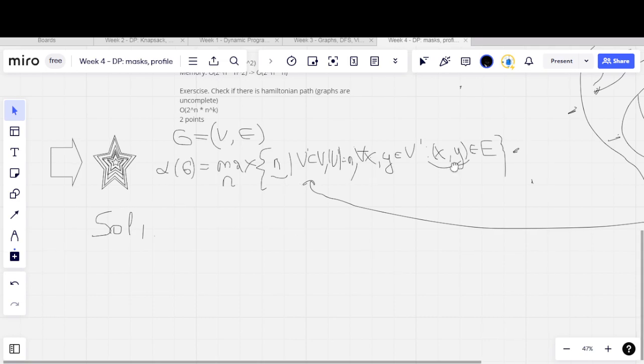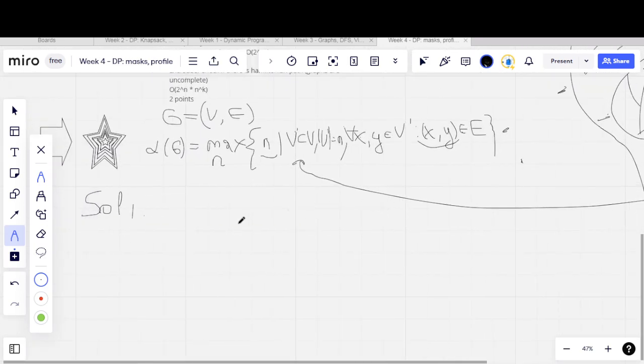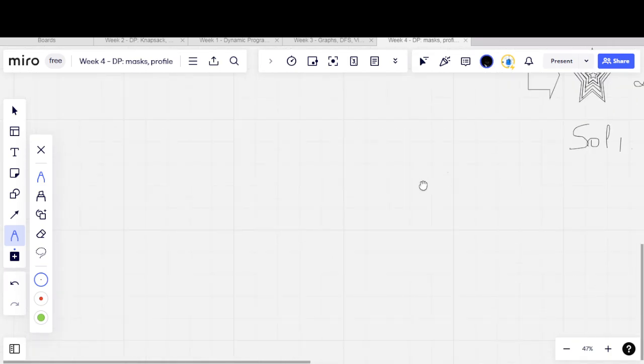Okay, we want to find it in this graph. I remind you we have four cliques, and this clique will be the maximum clique in this graph.